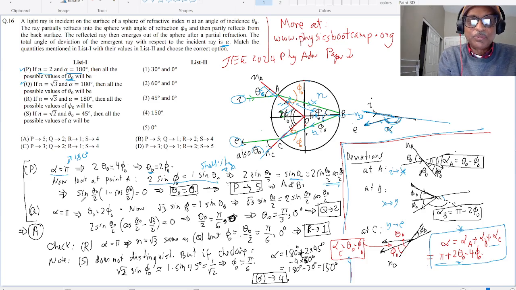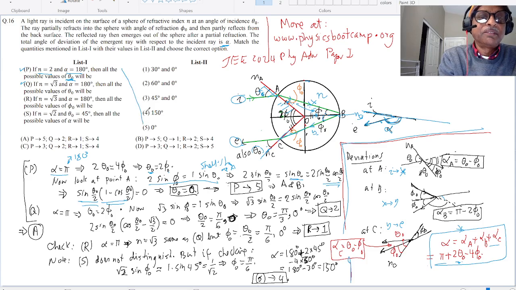It's better to bring it to one side, because theta 0 turns out to be actually 0, and you can't cancel, since that would divide by 0. So P is that.